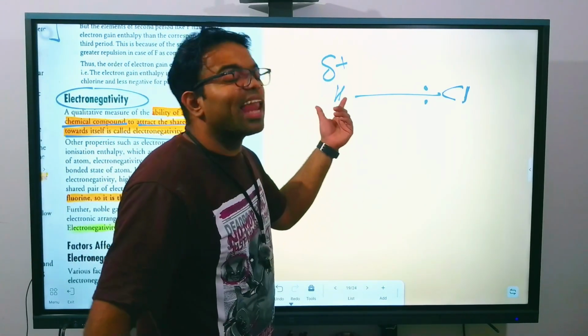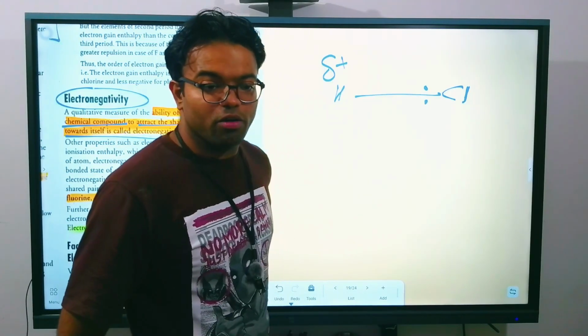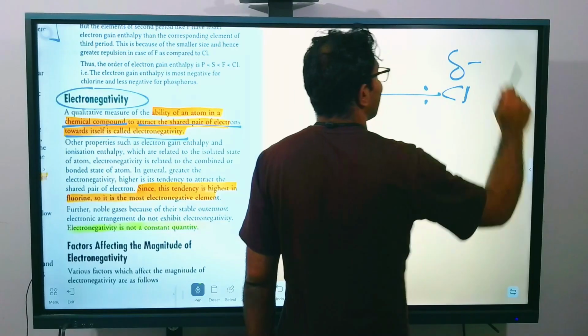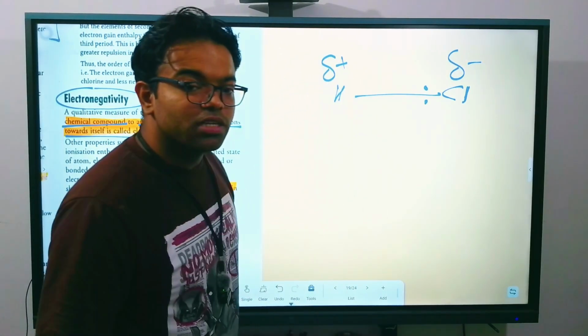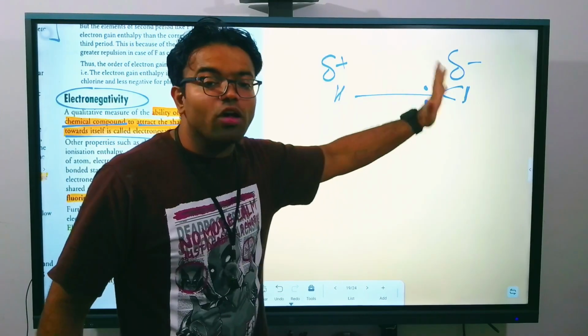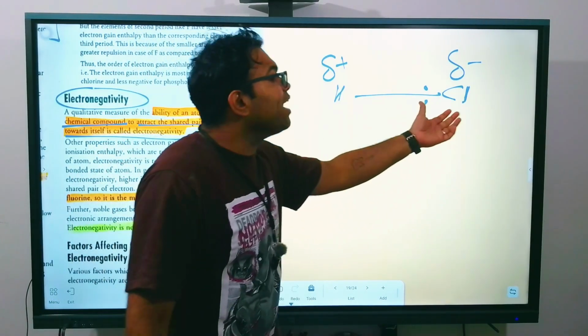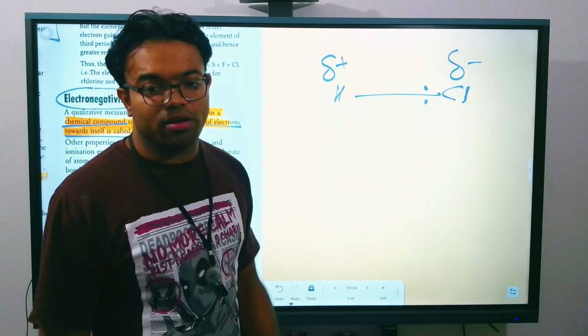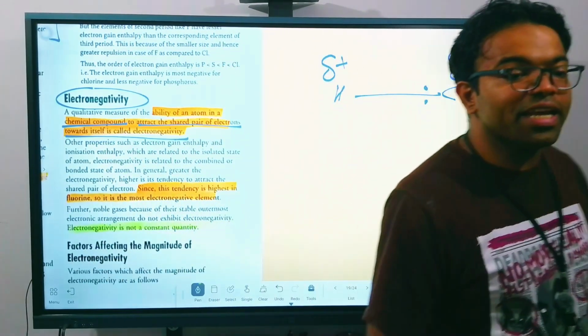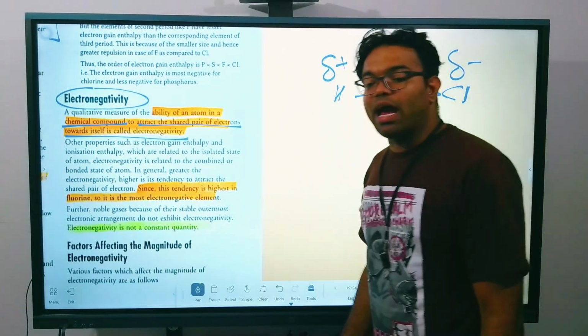It is a slight positive charge. And chlorine attains a slight negative charge, because hydrogen hasn't lost its electron and chlorine hasn't stolen it. They are both still sharing, but the sharing is unequal, due to which what happens?